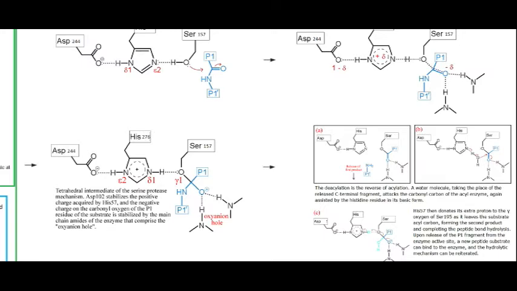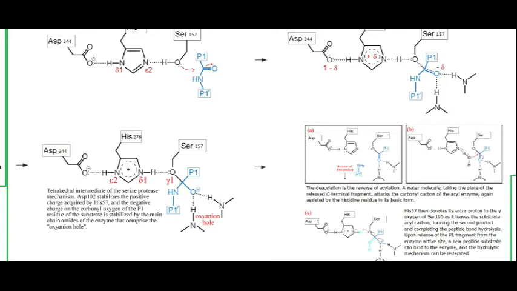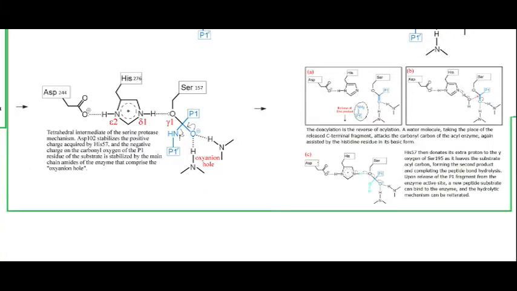And then this shows that the electrons from this oxygen actually collapse back down here, and the electrons here would actually move to that nitrogen right there. So we end up with this part actually coming off, while this is still bound onto the enzyme. And then this shows that our histidine can then deprotonate a water, which attacks this, and that can then remove this P1 right here, which we have showing down here.